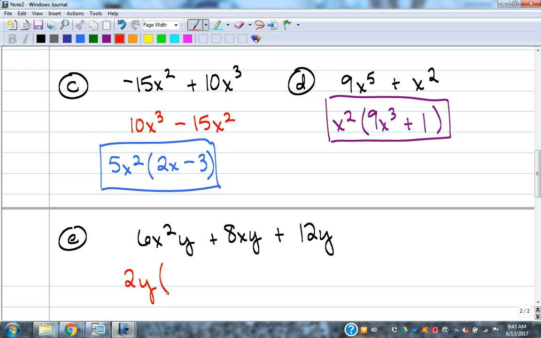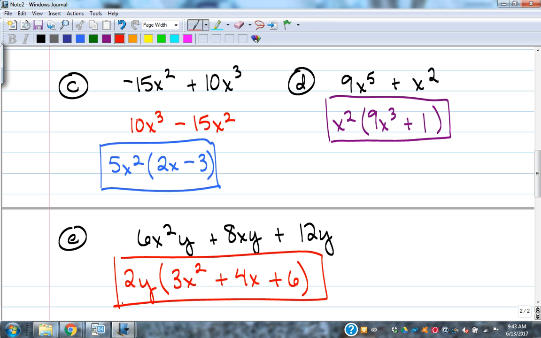So what times 2y gets me 6x squared y? 3x squared, and then plus 4x, good, plus 6. Yeah, good. And we've got that factored by GCF.